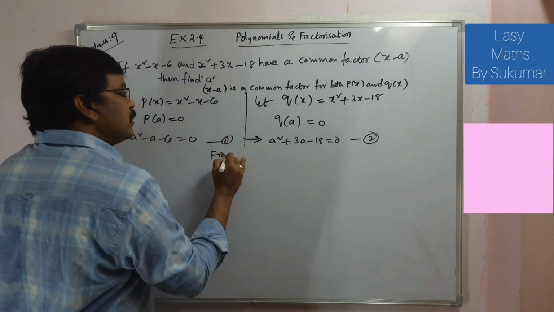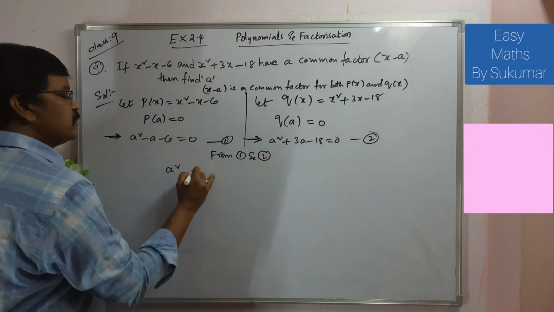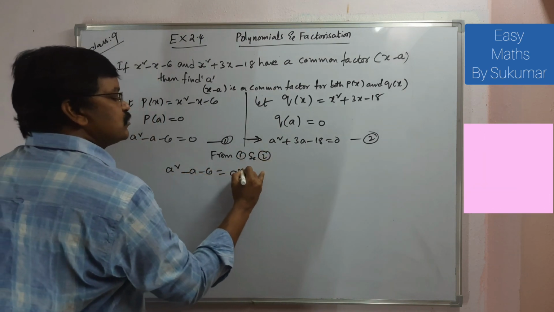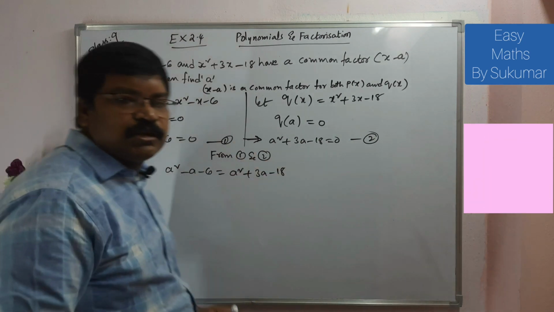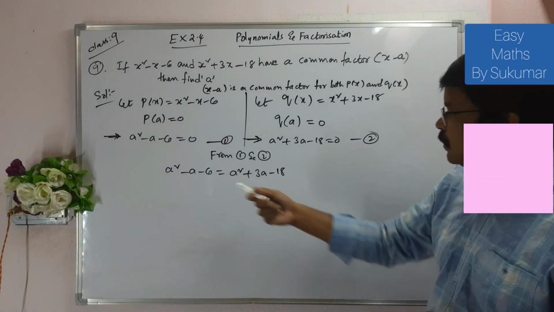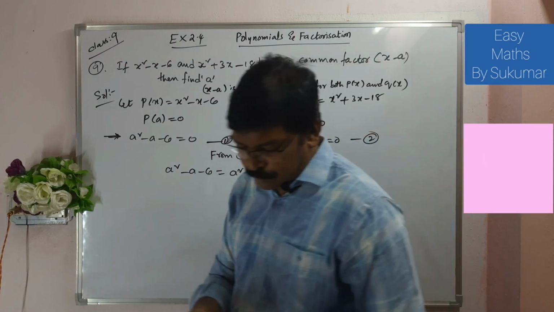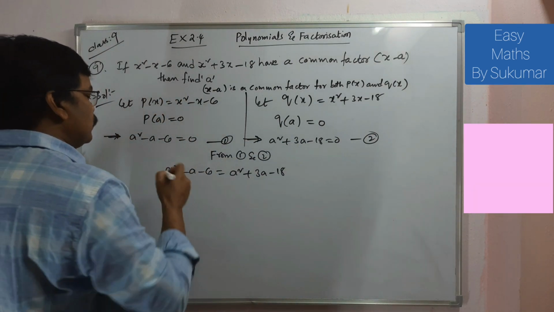So from 1 and 2, a square minus a minus 6 is equal to a square plus 3a minus 18. Why? Both the equations are equal to 0, so their right hand sides are equal, and then we can equalize the two equations. Now we can cancel the plus a square on both sides.